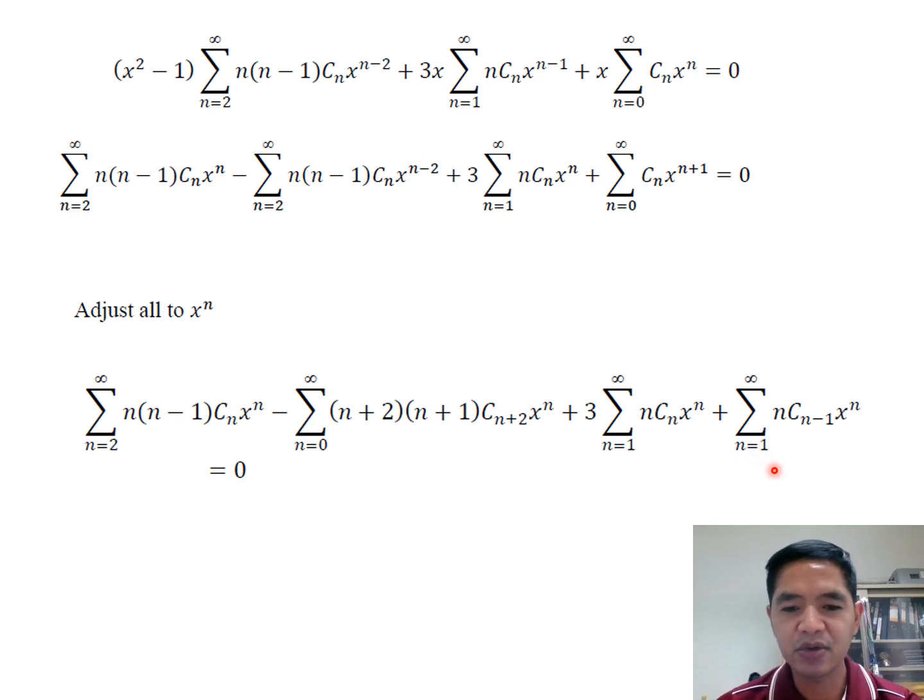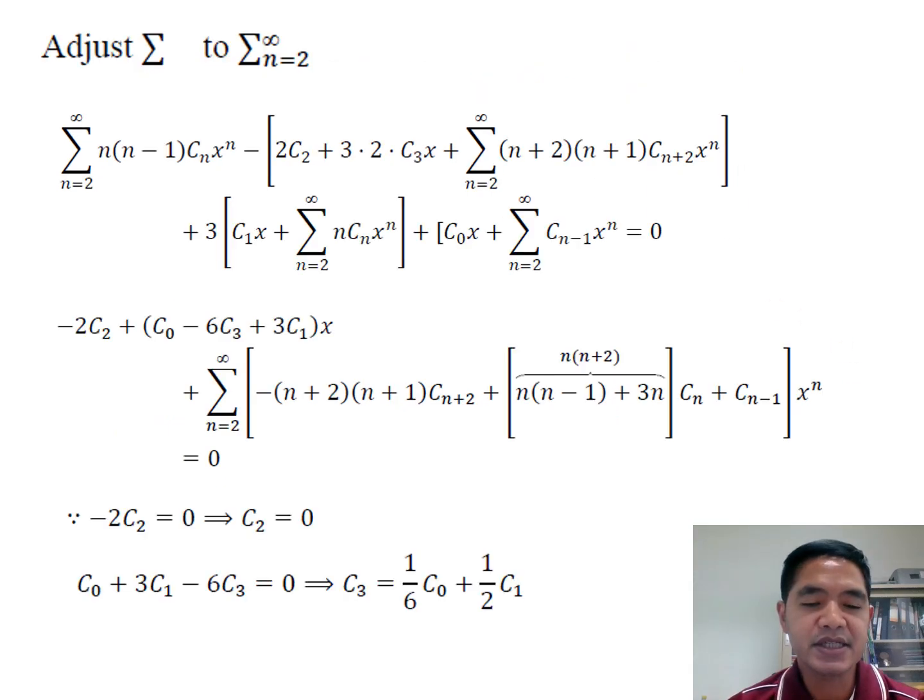It's the opposite. This is minus, so this is plus. Again, this one is plus and this one is minus. If it goes the opposite, just remember this. So this is going to be n starting from 1 to infinity, and equal to 0.